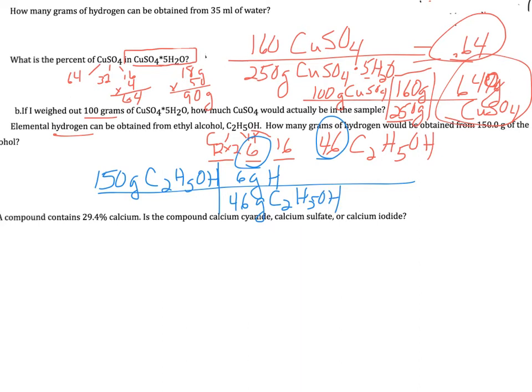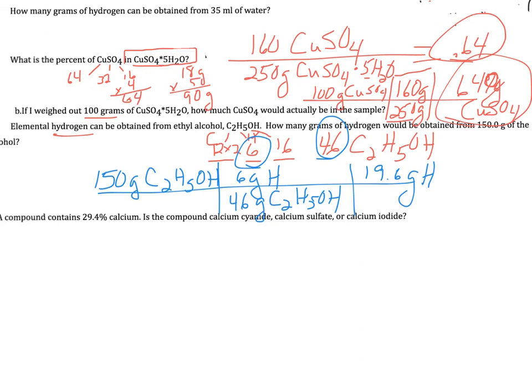If we multiply the 150 grams times 6 divided by 46, we are going to get an answer of 19.6 grams of hydrogen. And that is that question.